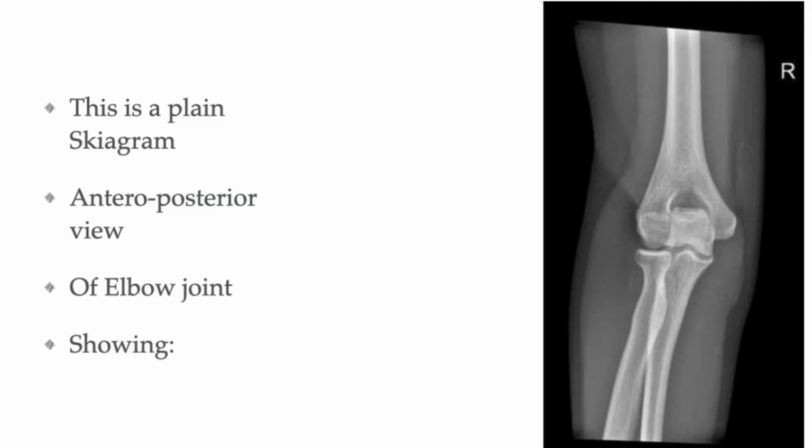It is very difficult to say whether it is antero-posterior or posterior-anterior in case of the elbow joint, and hence we have to memorize that the most preferred view is antero-posterior. While describing this skiagram I will use the reference as antero-posterior view. So let us start with this skiagram.